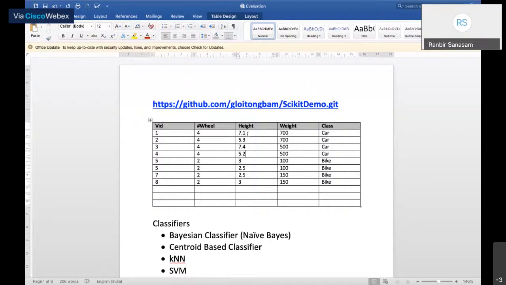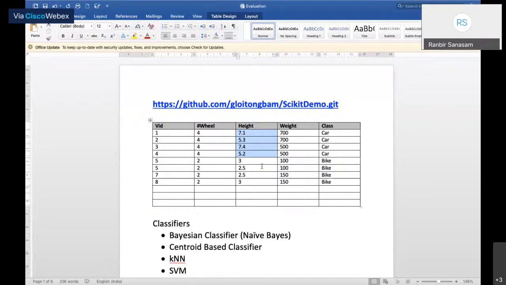Instead, we can assume that the values of the height in each class follow some probability distribution. Is it multinomial or Gaussian or Poisson and so on? You can assume that it follows some probability distribution.